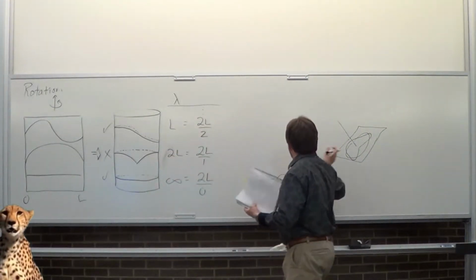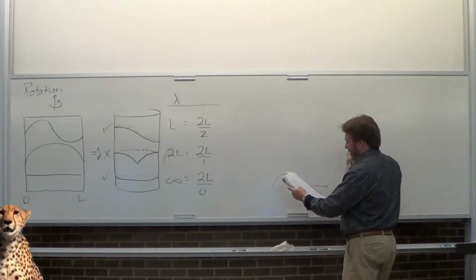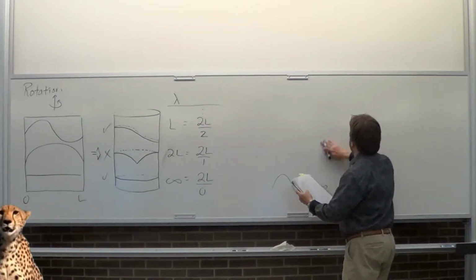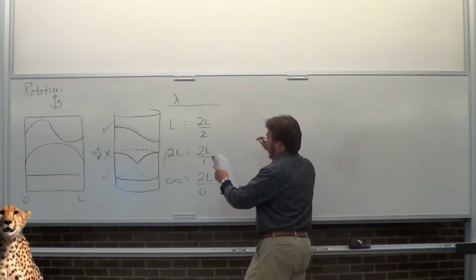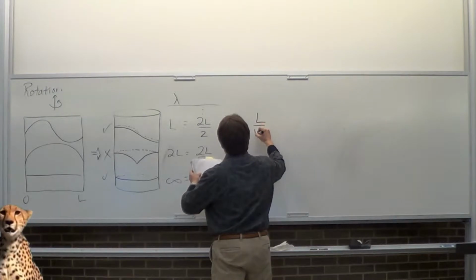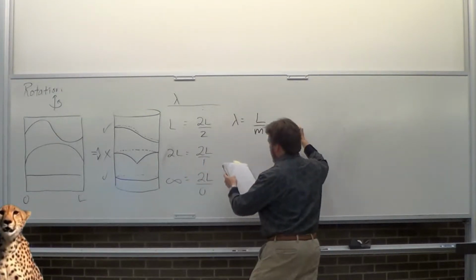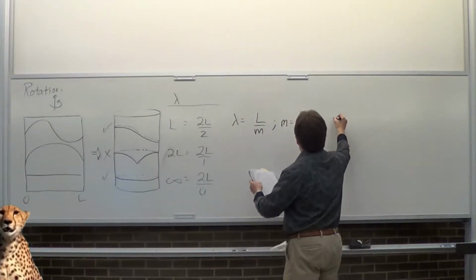I can't draw. You can see my drawing. I do the best I can, but sometimes I'm not so good at it. Okay, so I can see the pattern already, the recursion, and what it is, the wavelength is L over M, where M is 0, 1, 2, and so on.